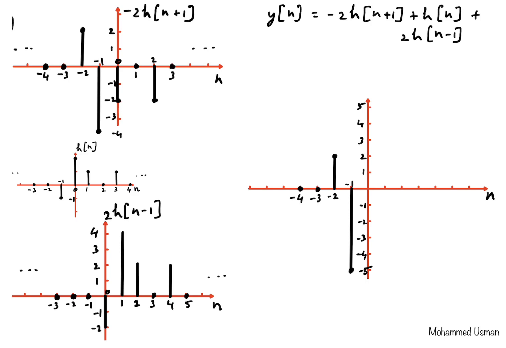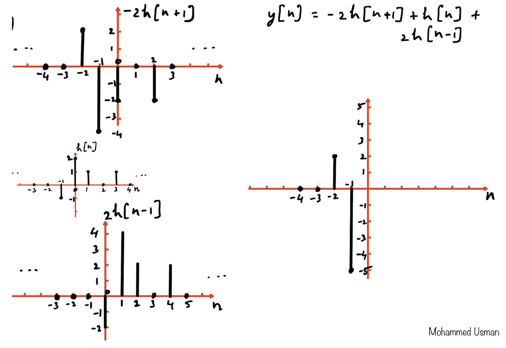So we have got this for the value of y of n at n equal to minus 1. When n equal to 0, we need to add all the terms at n equal to 0. So here we have minus 2, and for h of n we have plus 2, right? So that's minus 2 plus 2, that's 0, and here we have also minus 2.